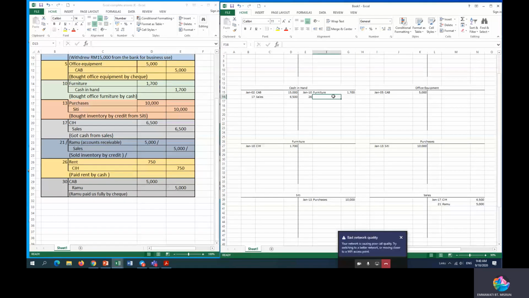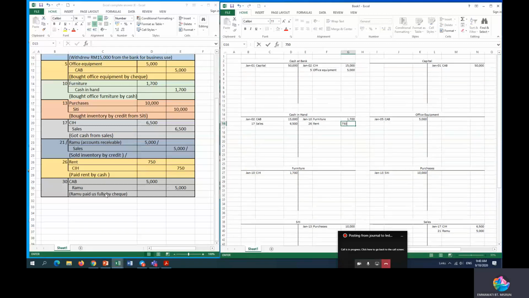And last is on January 30, where we receive cash from Ramu. So we are going to use the open cash at bank account and the open Ramu's account. Cash at bank is debit.